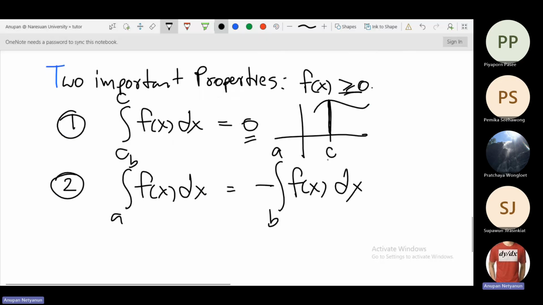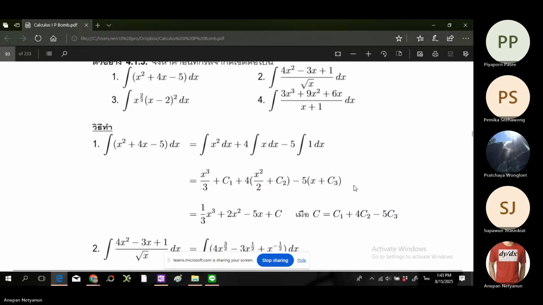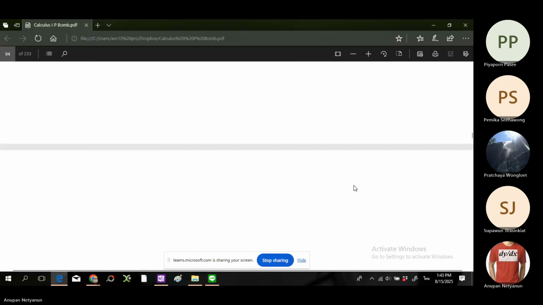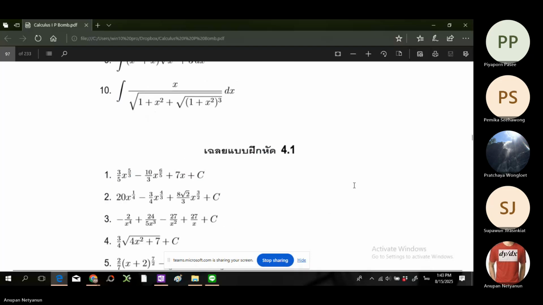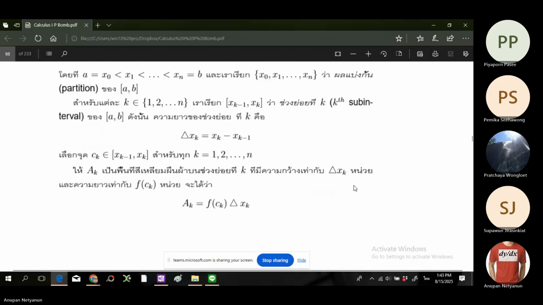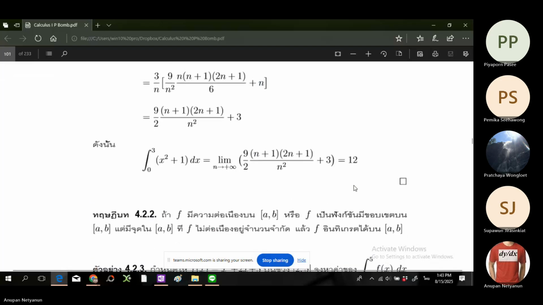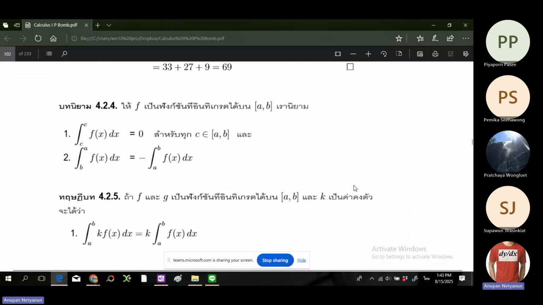What I want to show you is more properties of definite integral, which is this here. These two we just talked about.